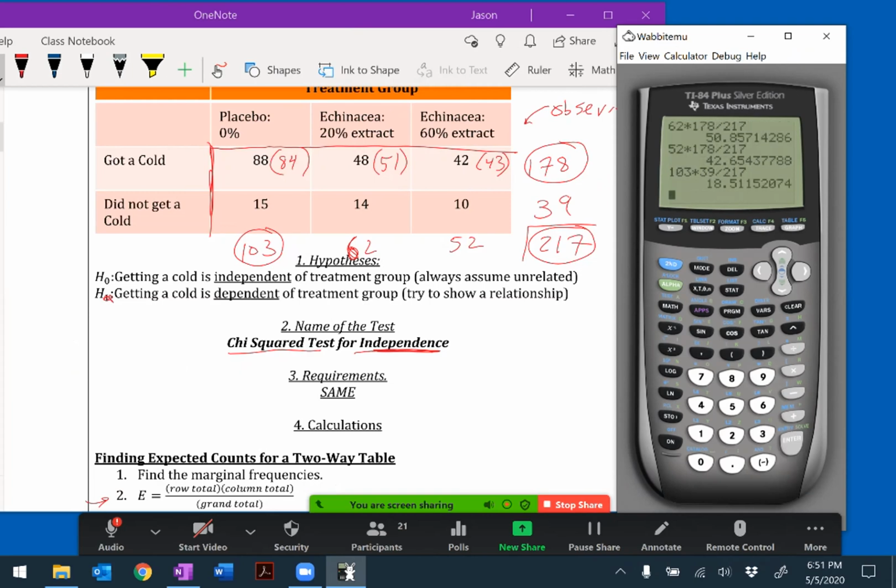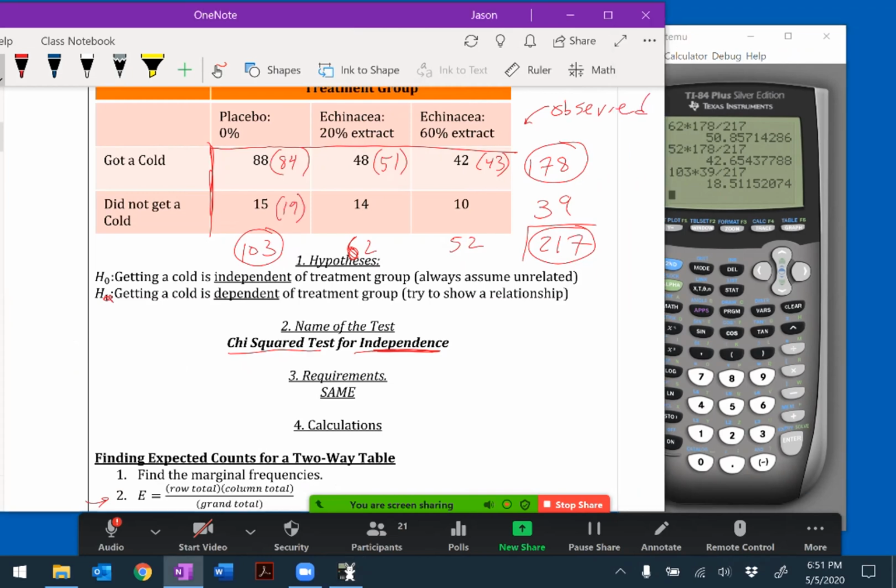Okay, and I get 19 for this one. If I did the same thing here, I would get 11 for that one. That's going to be 62 times 39 divided by 217.